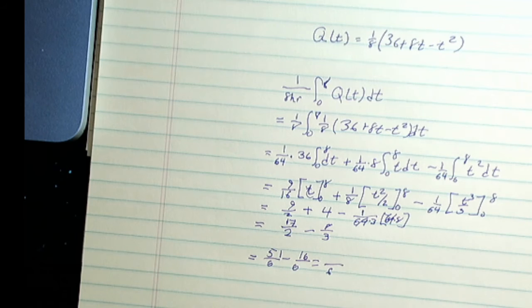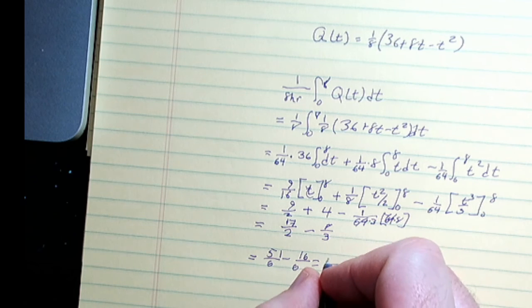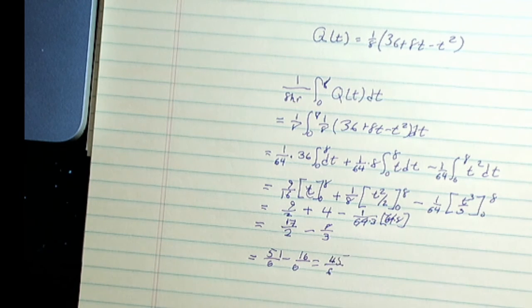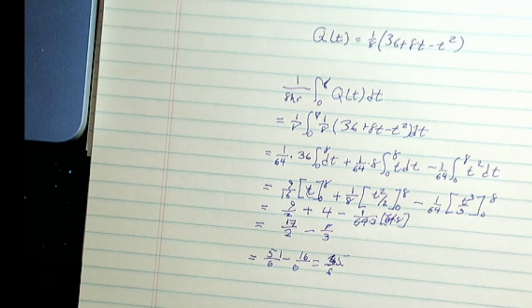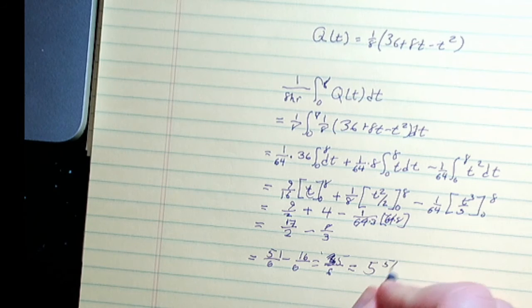That's 51 sixths minus 16 sixths, which is 45 sixths. Oops, losing my mind. 35 sixths. Thank you, that makes more sense. Doing math in your head is not always the best thing when you're tired. That's 35 sixths. And remember, it's always better if you can to give your answers in human terms. So what is that? Well, 6 times 5 is 30, so this is 5 and 5 sixths.